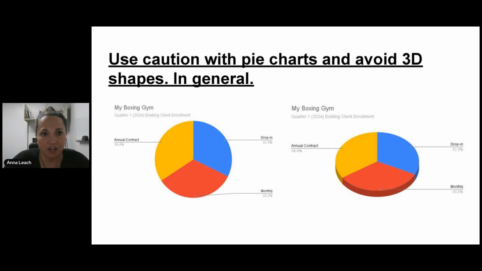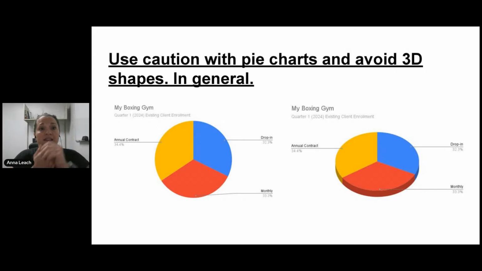But if the general goal of my presentation and my plot is to show that proportionally these three categories are pretty close together, then this pie chart might be an accurate representation of the data and meets the goal I'm trying to hit. So that's why I say use it with caution.